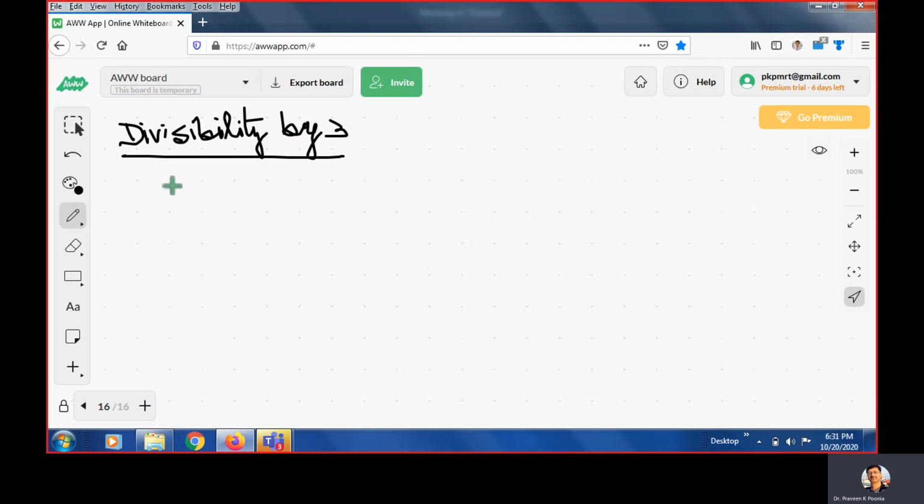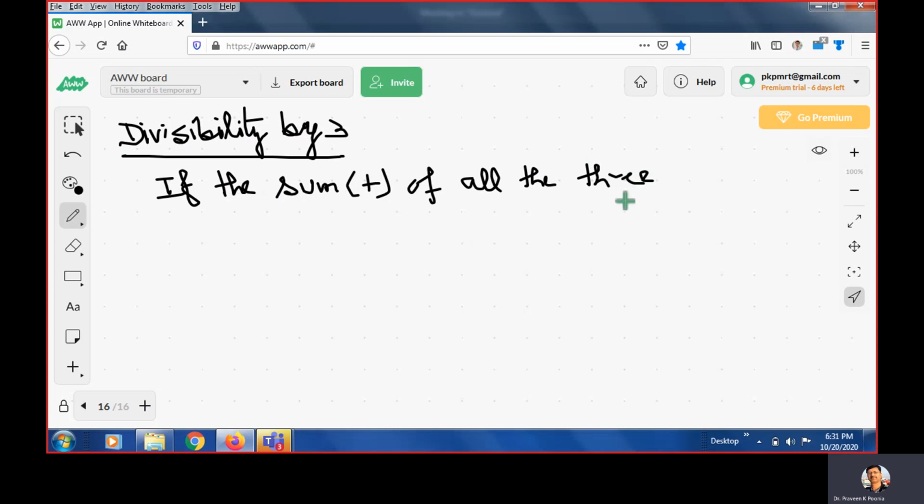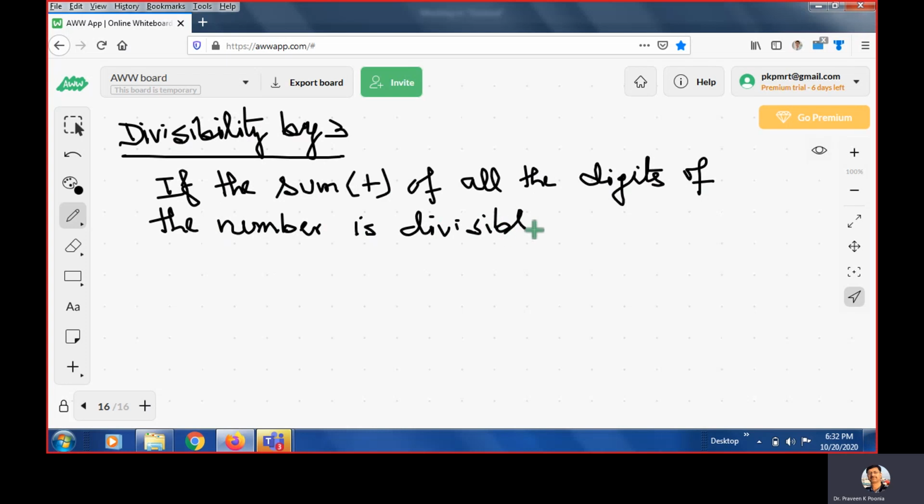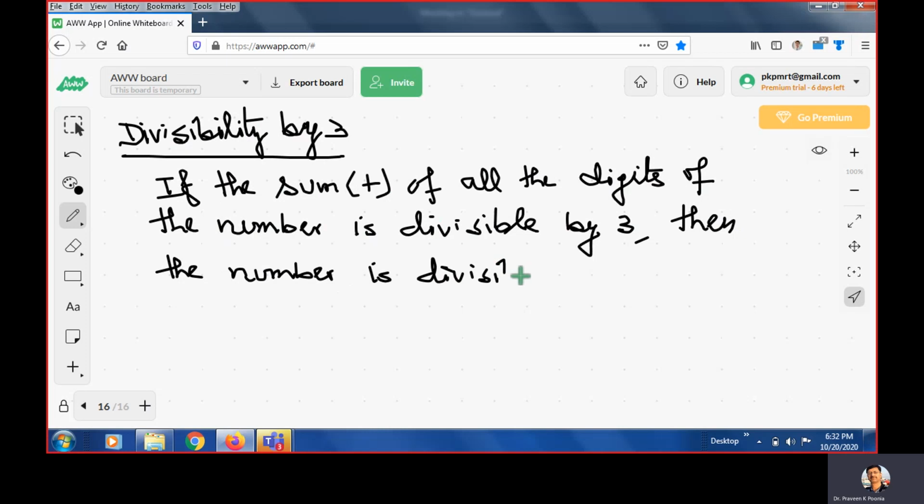Divisibility by 3 means if the sum, means plus, of all the digits of the number is divisible by 3, then the number is divisible by 3.